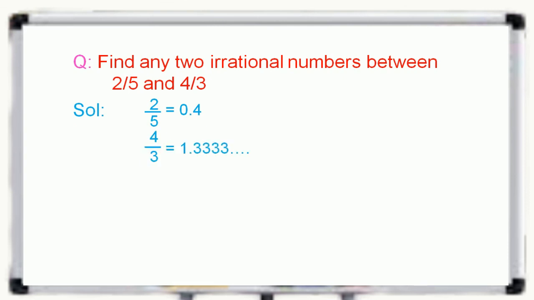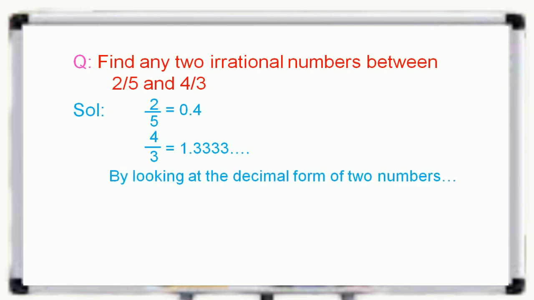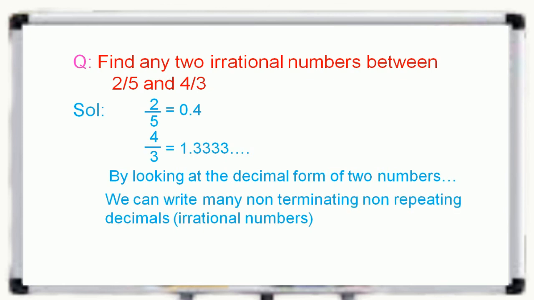So by observing these two decimal forms, we can write many non-terminating, non-repeating decimals. Like one number is 0.56785328 and so on. Another number is 1.1654854658 and so on. You can write many numbers between these two decimal forms.